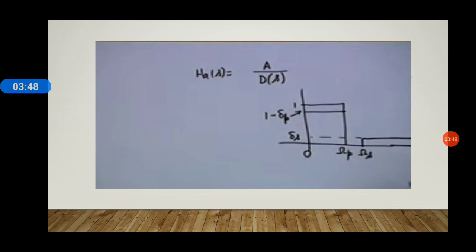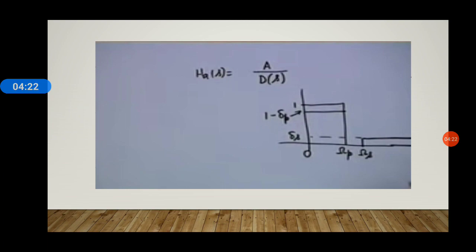This capital omega is used for our analog domain, while in digital domain we use small omega for angular frequency. Now we will be given delta p, which is the magnitude of pass band, delta s, which is the magnitude of stop band, and omega p and omega s are two frequencies of pass band and stop band respectively.